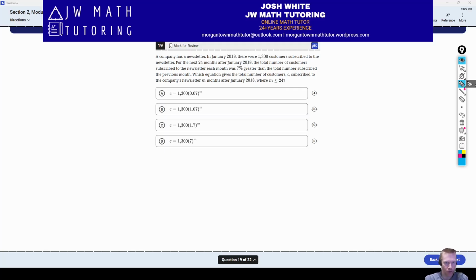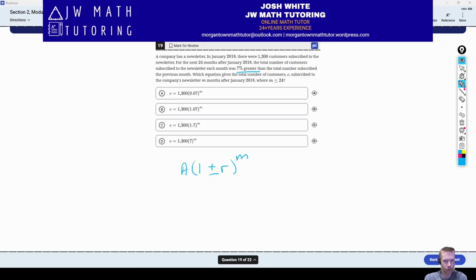Okay, so if you know how basic exponential functions work, you have the a, the initial amount out front, and then inside the parentheses, it's really 1 plus or minus r. And r is either your growth rate or your decay or decline rate if something's getting smaller. In this case, because the number of subscribers is increasing, i.e. 7% greater, that means it's going to be plus.